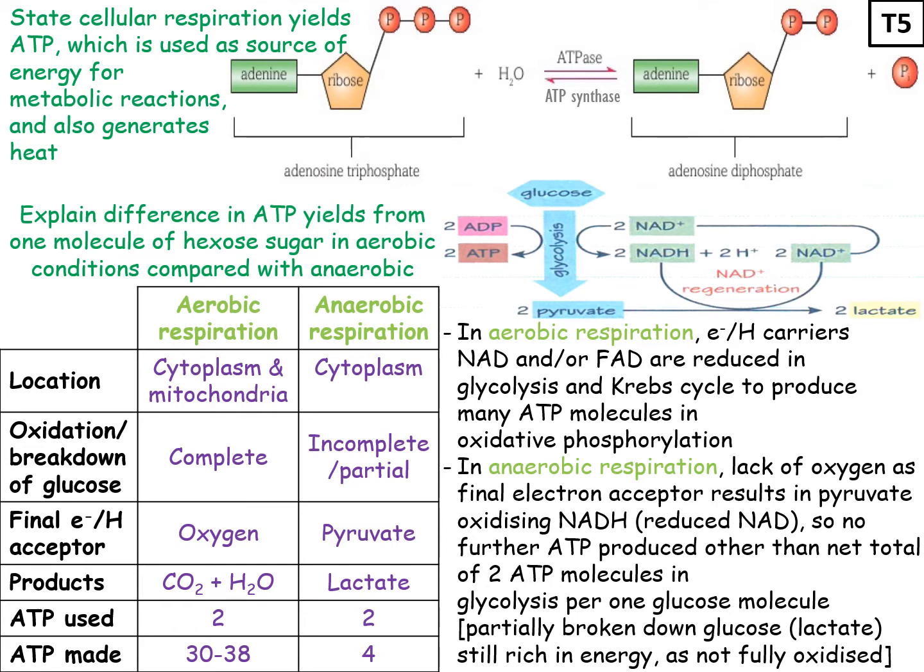So in anaerobic respiration you've got partially broken down glucose, which is lactate, which is still rich in energy because it hasn't been fully oxidized. When there is finally enough oxygen available, that lactate can then be oxidized into pyruvate, and pyruvate can then enter the link reaction and Krebs cycle stage of aerobic respiration.